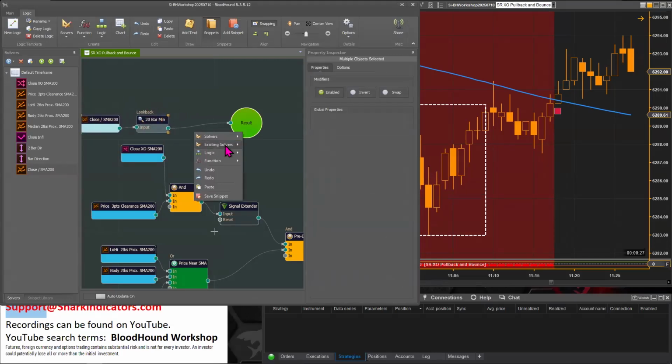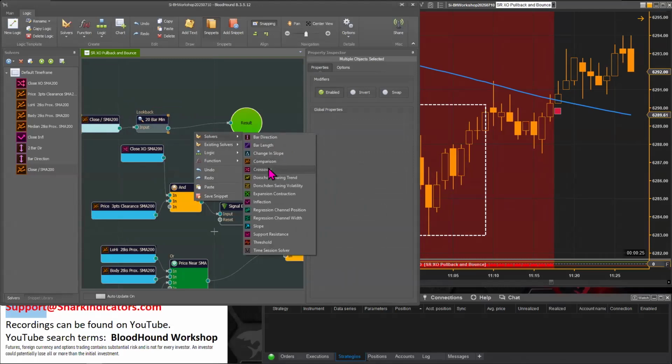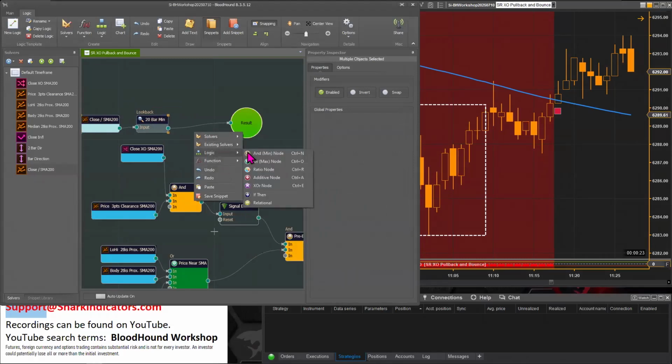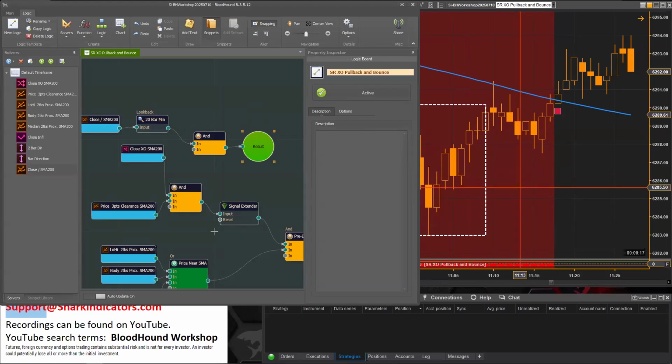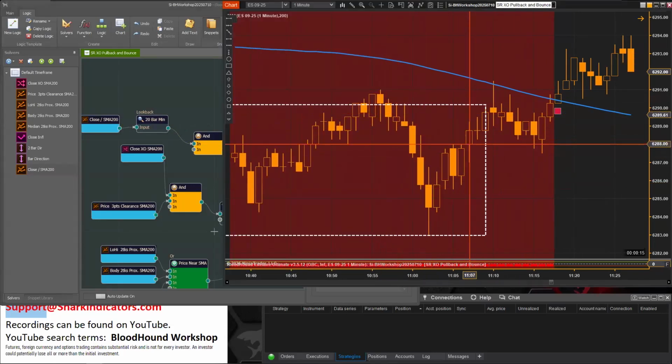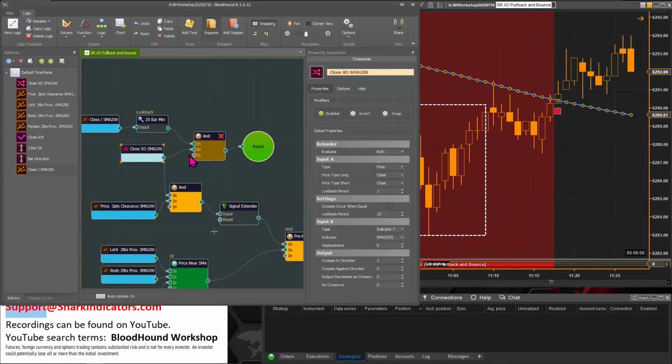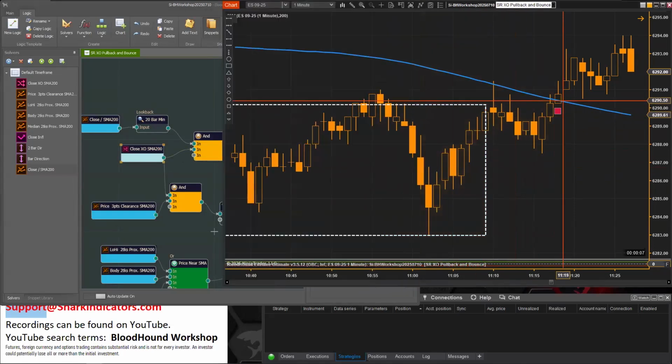Let's combine these two together with an AND node. There we go. Here's our short output, closing price is below. And then if we connect our crossover in, we get nothing, because remember, the crossover has a signal on the crossover bar.